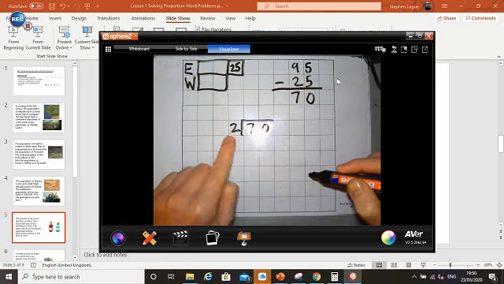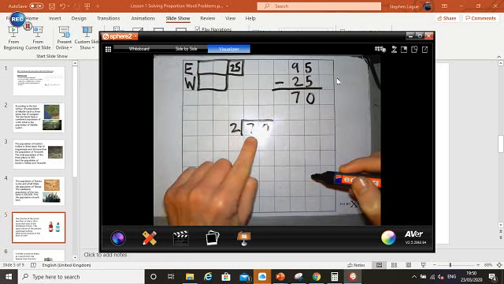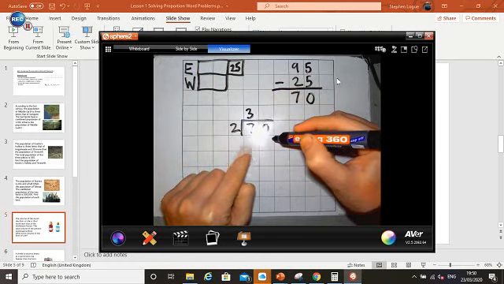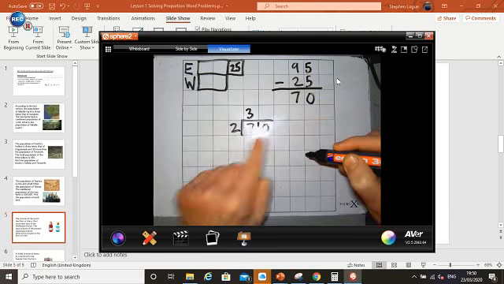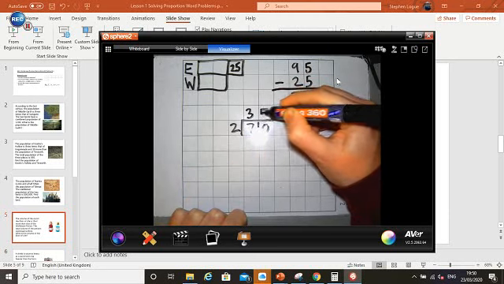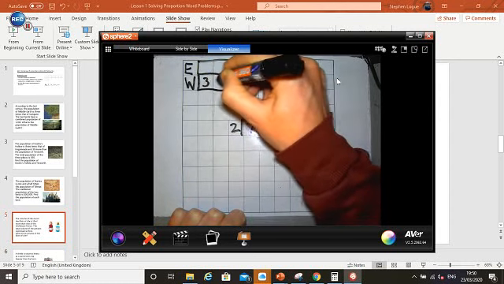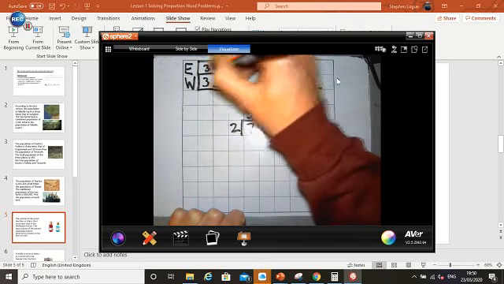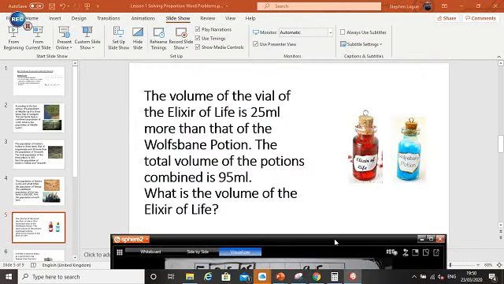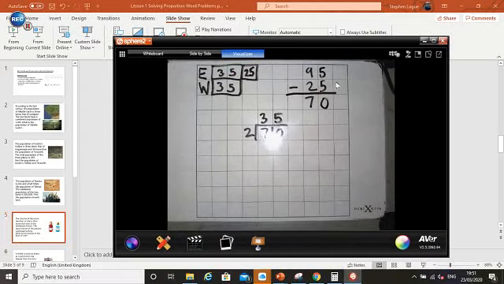Right. So we have 3 items. Let's have 3 bars. Shield, sword, horn. The shield is twice as heavy as the sword. Twice as heavy means for every 1 the sword has, the shield has 2.